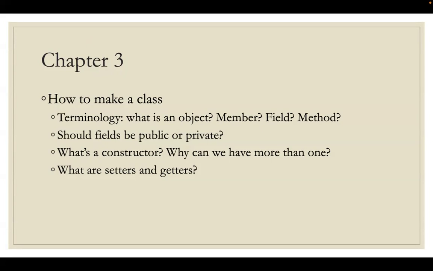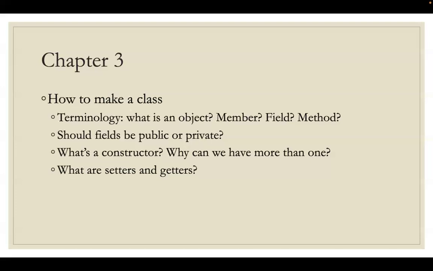Just to remind you of where we started all the way back with the terminology of what's a class, what's an object, what's a field, what's a method. Do you remember that? Hopefully we've come a long way since then because now we're working with these more advanced topics. We talked about whether fields should be public or private. We talked about what is a constructor.